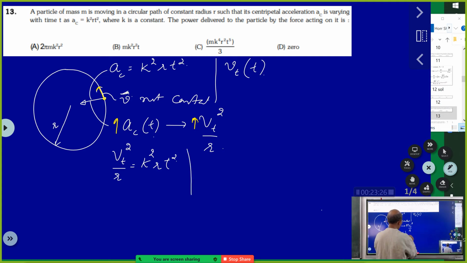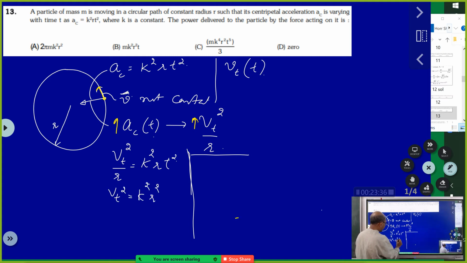So this gives you Vt square is equal to k square r square t square. They are asking you the power delivered.